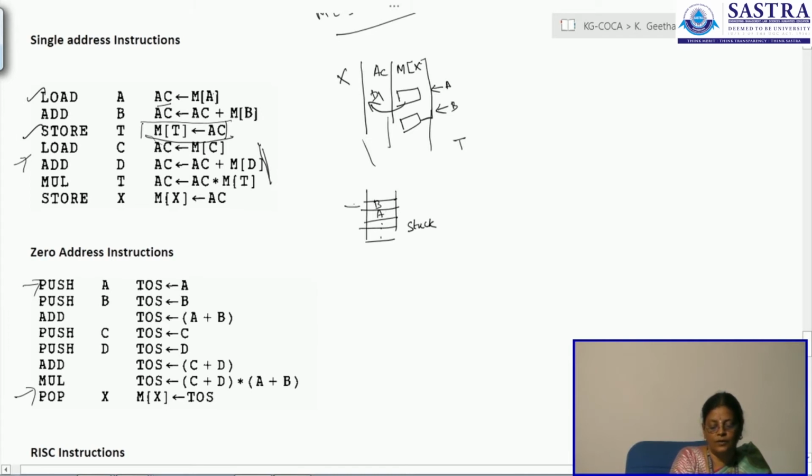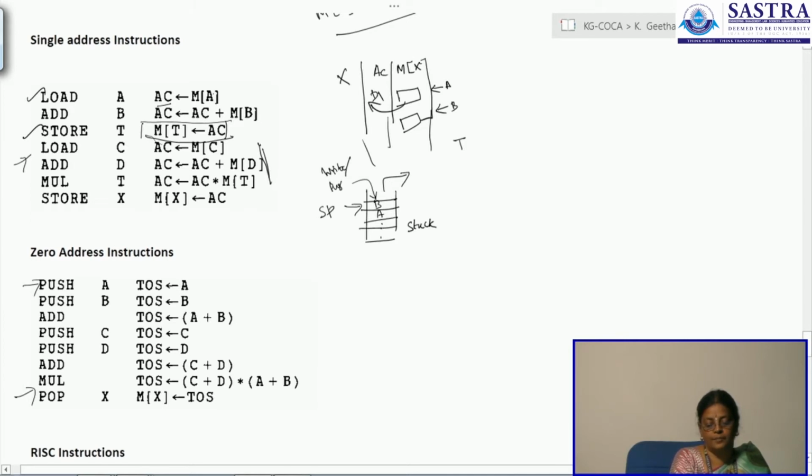Now how is it going to operate? As you all know, the stack will always be pointed at the topmost element by means of the pointer called SP. So the stack pointer always points to the topmost element of the stack, and entry into the stack and exit from the stack is always going to happen only from one end. Whenever I want to enter something into the stack, it is called a write operation into the memory, and this can also be referred to as push.